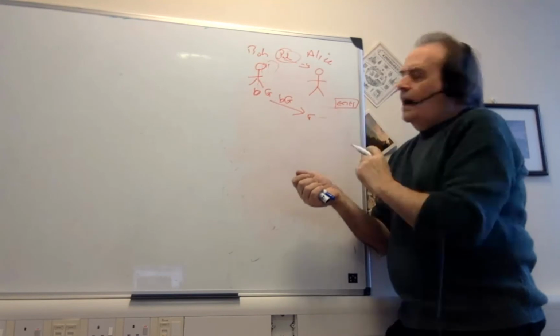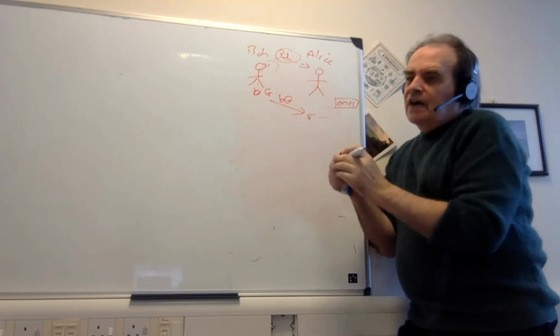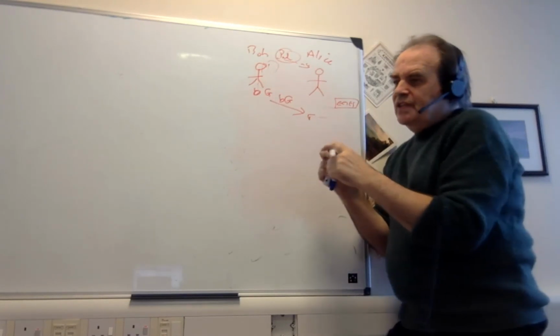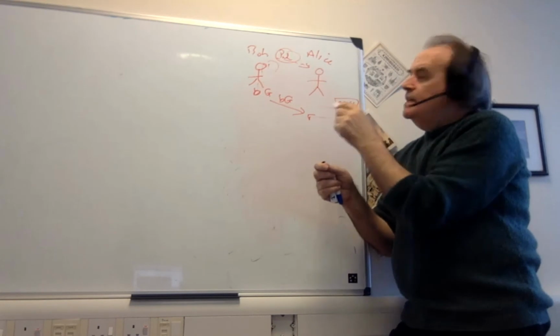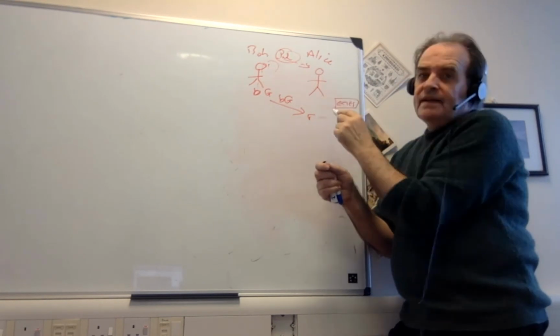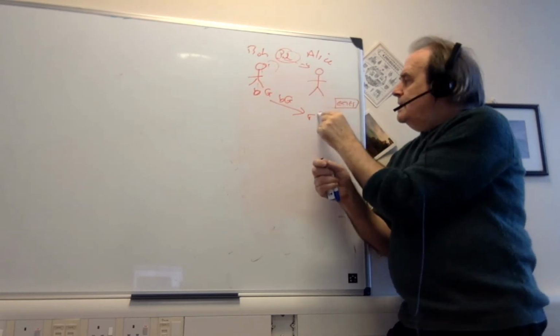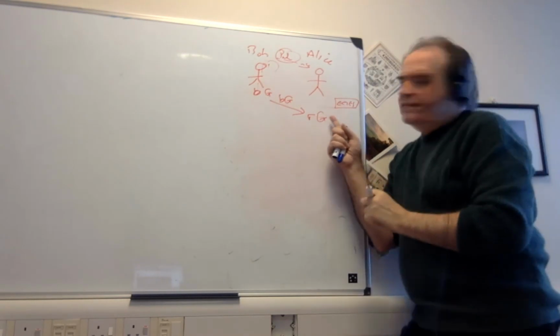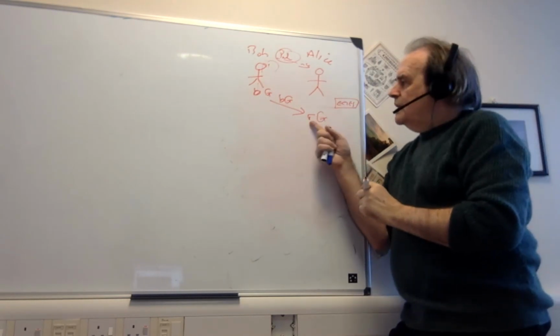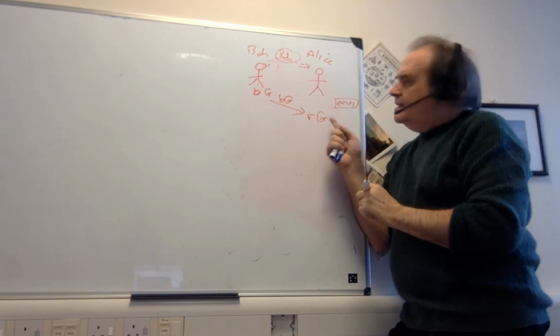Now, Alice creates a random number for each message that she wants to encrypt for Bob. So she then, on the same curve with the G value, works out a point RG.